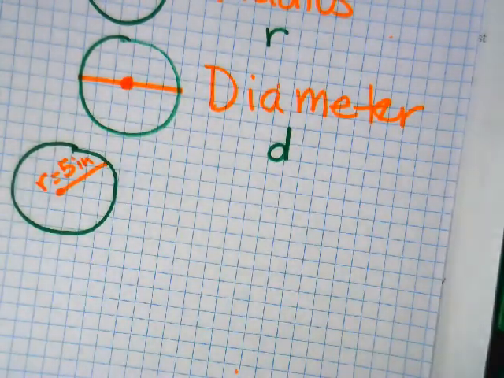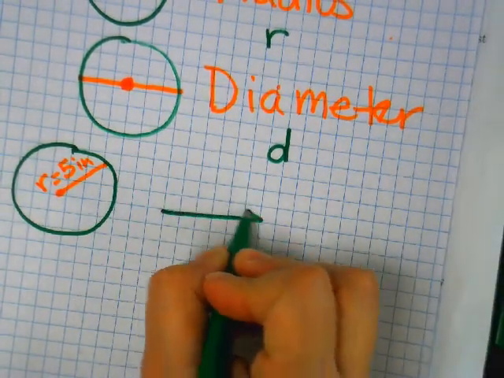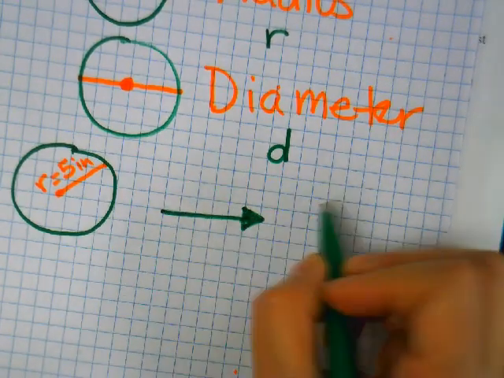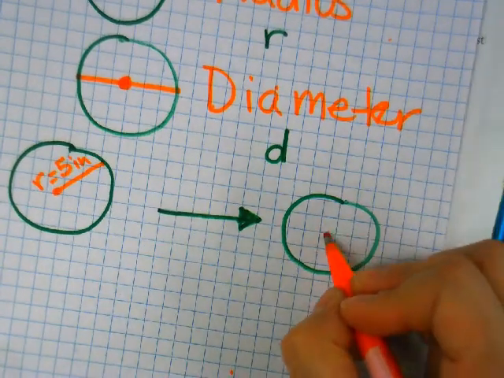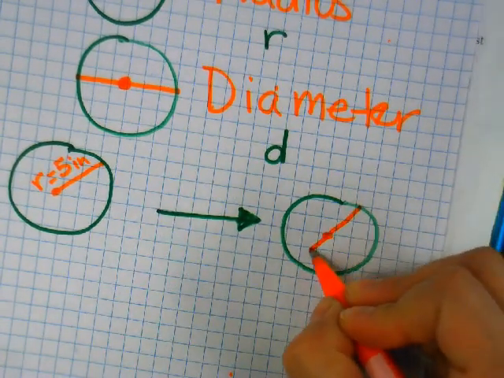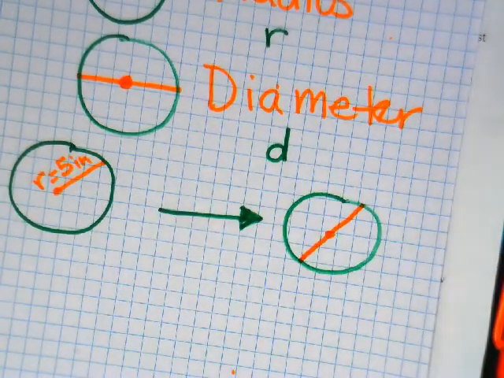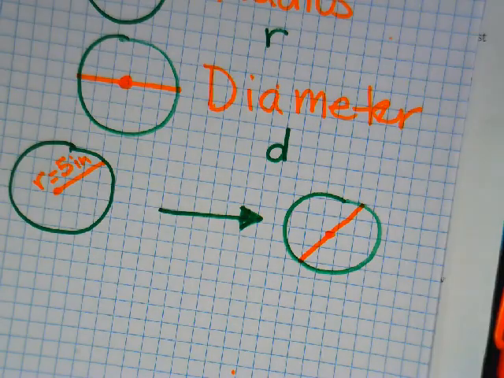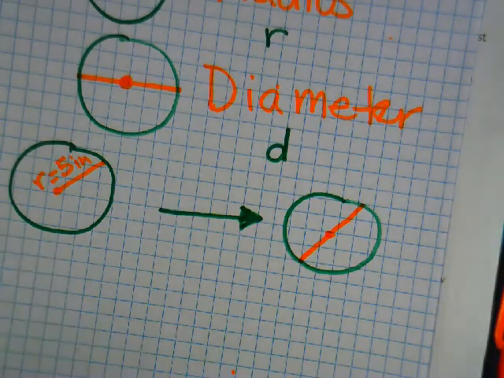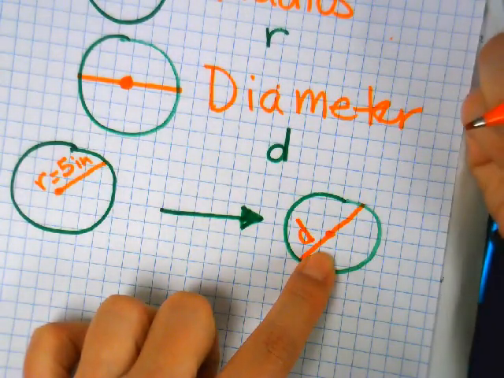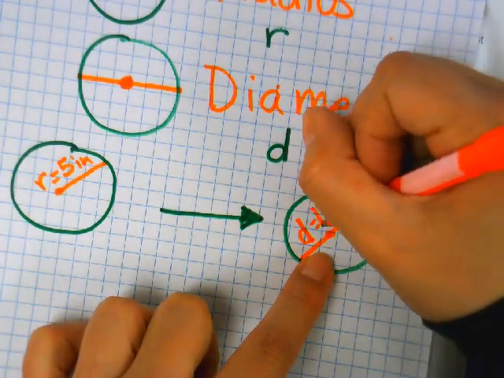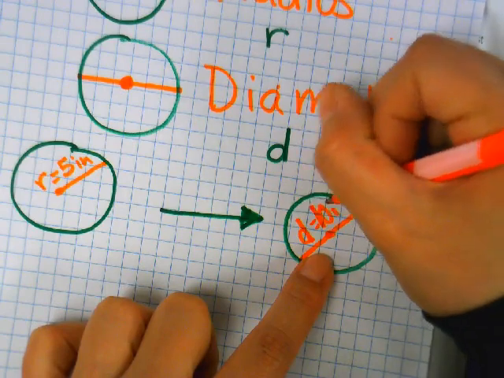I want to know, if I have the same circle, but this time the line goes all the way across, what would the measurement be? 10 inches. So this would be the diameter, and it would equal 10 inches.